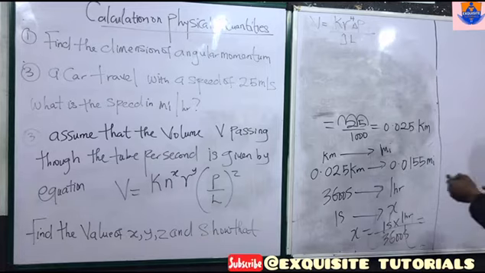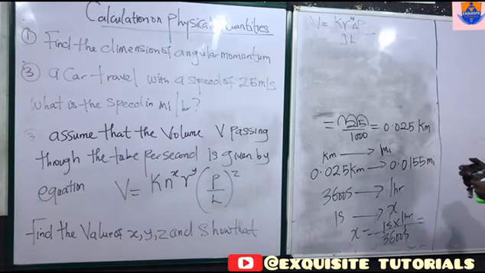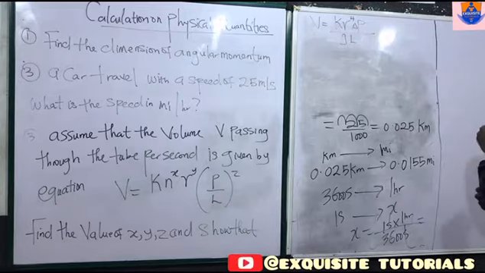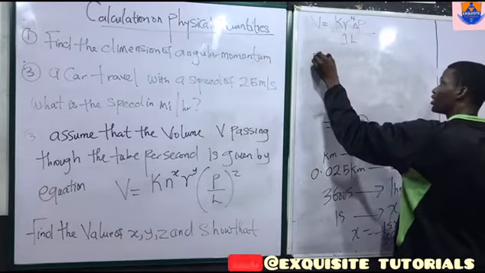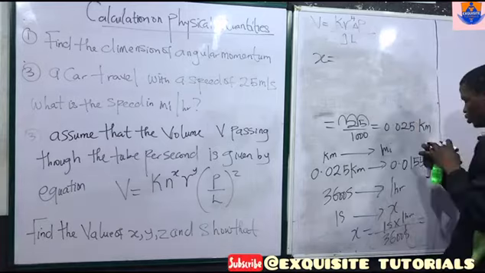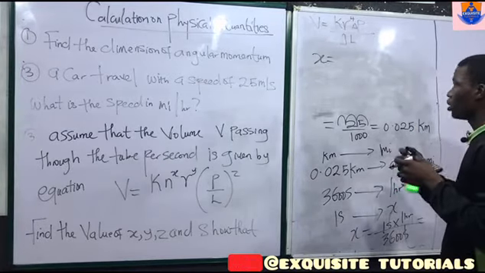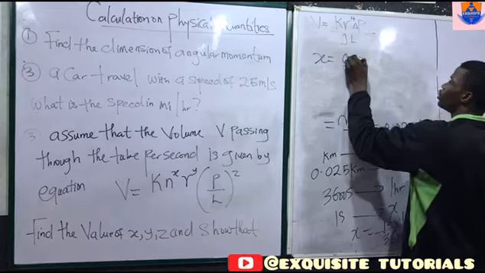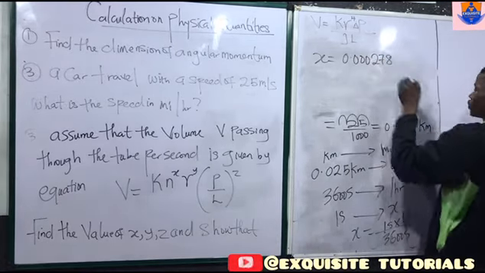So we have gotten the value for the seconds, 1 divided by 3600. So our x is equal to 1 divided by 3600. The value it gave me is 0.000278.